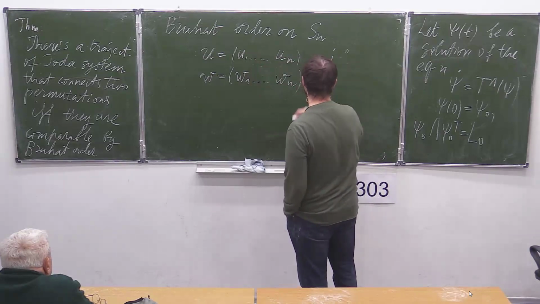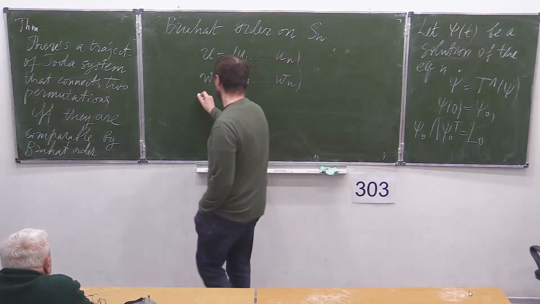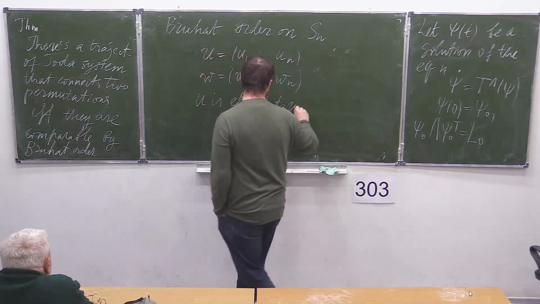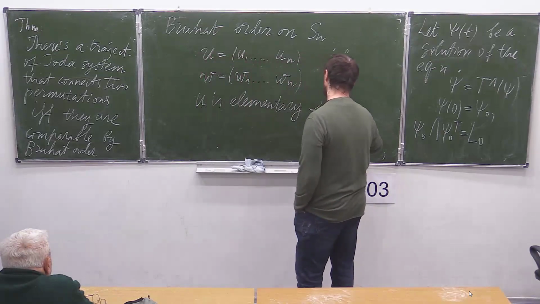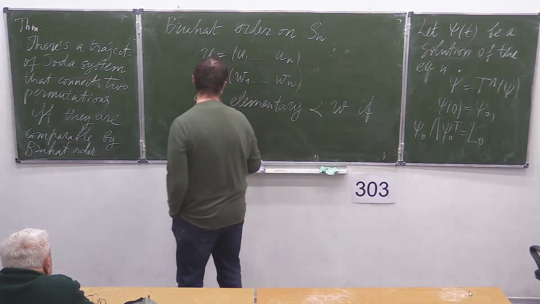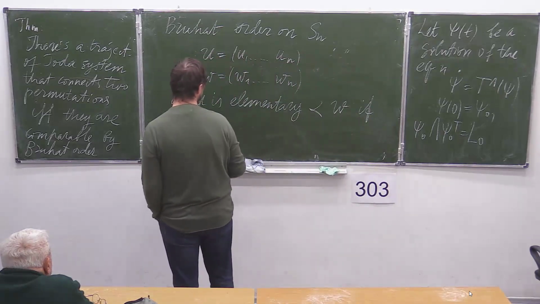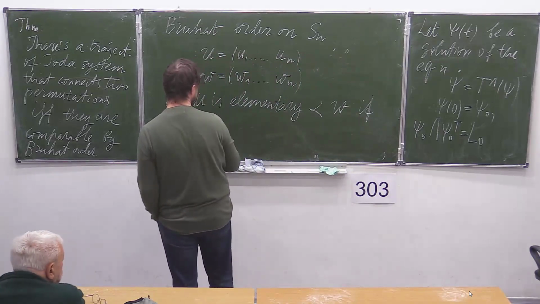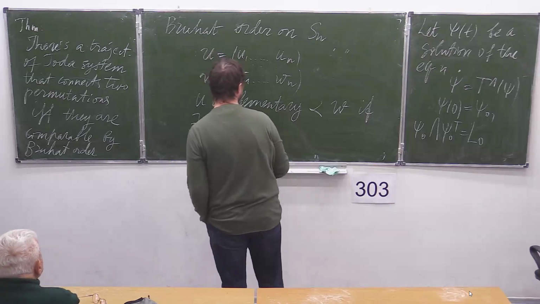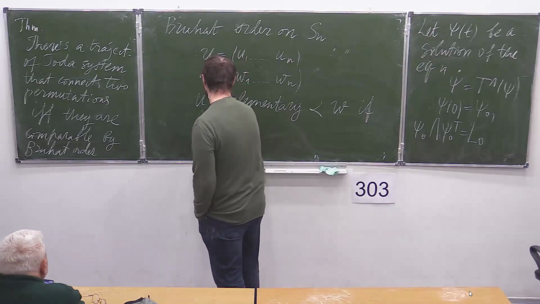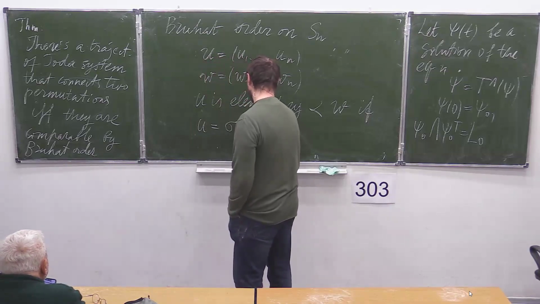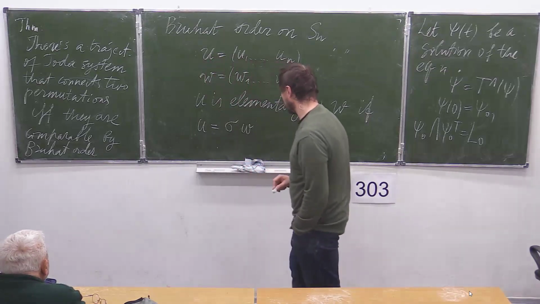We say that U is elementarily preceding W if there exists a transposition such that U is equal to this transposition composed with W, I think on the left.